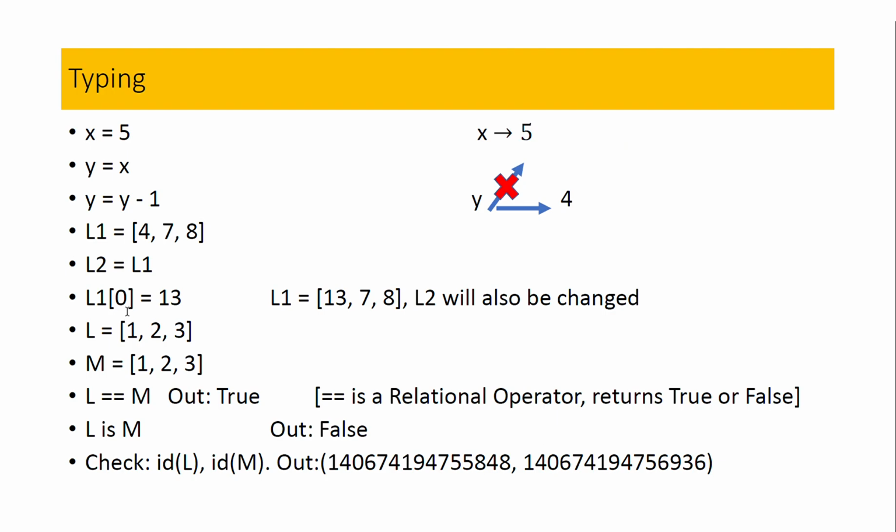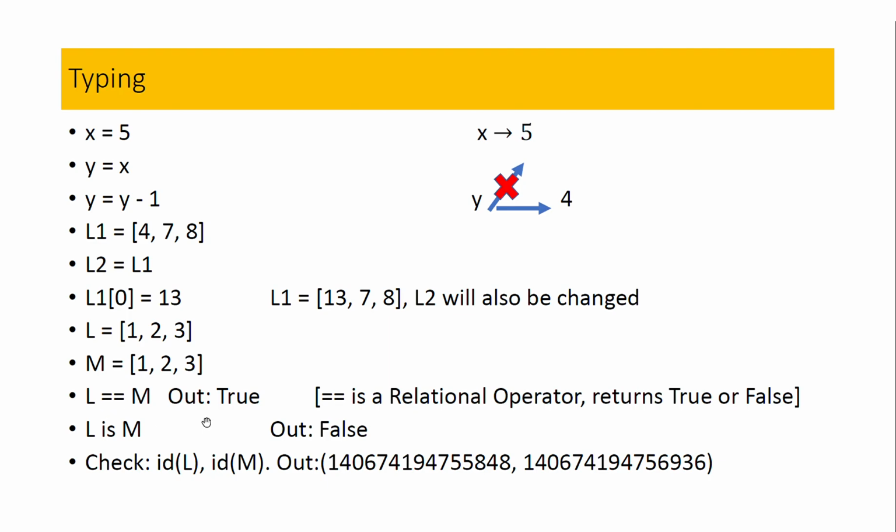Then L1 at index 0 becomes 13, so line 1 is 13, 7, 8. Your first value has changed, so it becomes 13, 7, 8 instead of 4, 7, 8. Then L2 will also be changed.